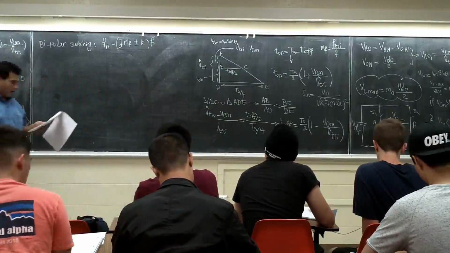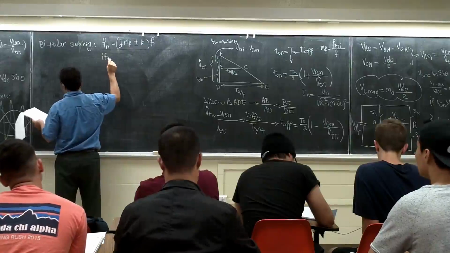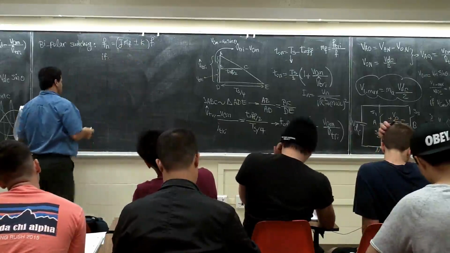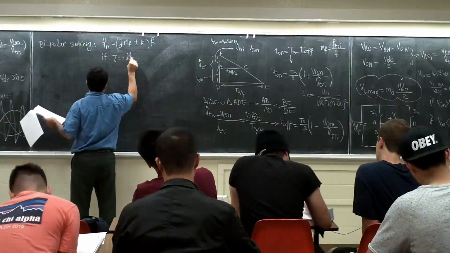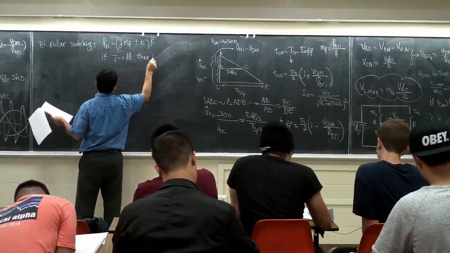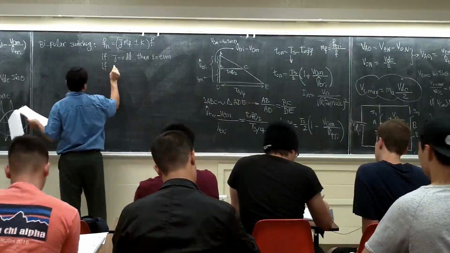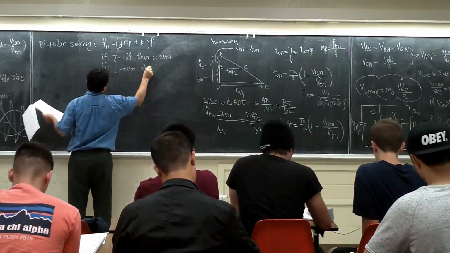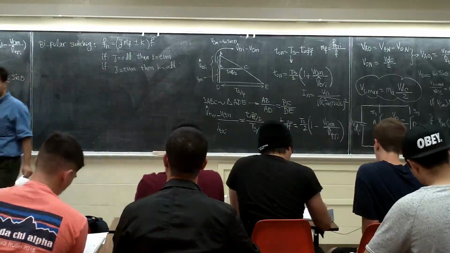And the other thing is, J and K are both integer numbers. If J is odd, K should be even. And if J is even, then K is odd. This is math, you should write the Fourier series, all those kinds of things.